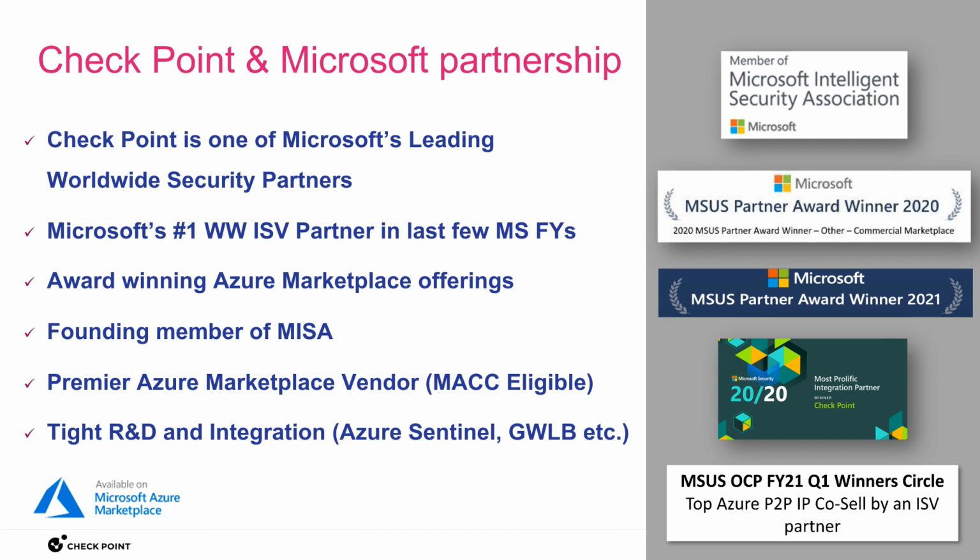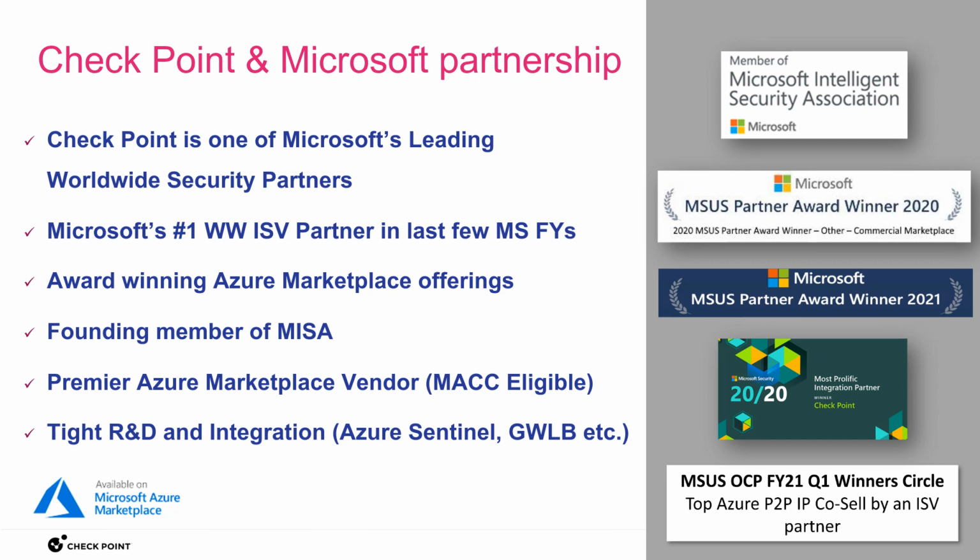We're a founding member of MISA, Microsoft Intelligence Security Association, which basically helps promote integrations between third-party ISVs and Microsoft security capabilities. We are a premier Azure Marketplace vendor, and we are MACC eligible.